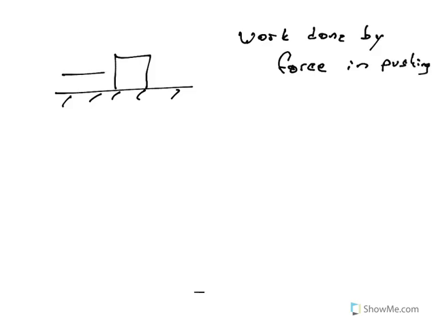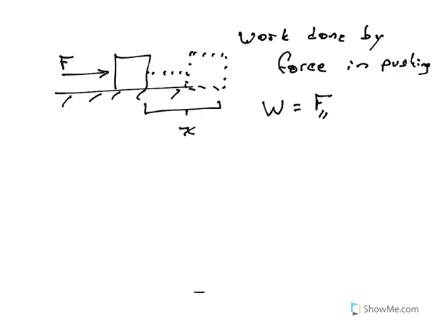So maybe you have a force F, and the box is going to travel horizontally to the right, and maybe this box travels a distance of X meters. We want to calculate the work. Well, we know work is the amount of the force which is in the same direction as the motion of the object, times how far the object moves. Okay?